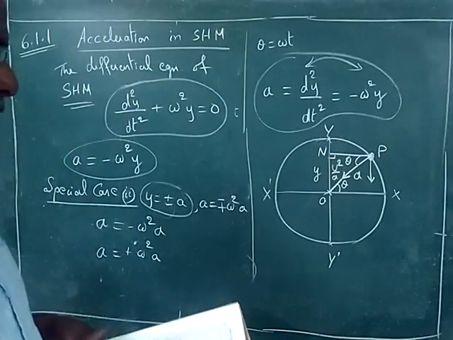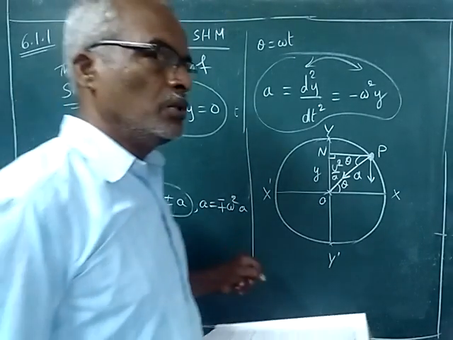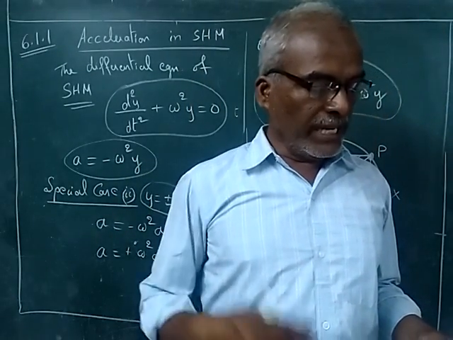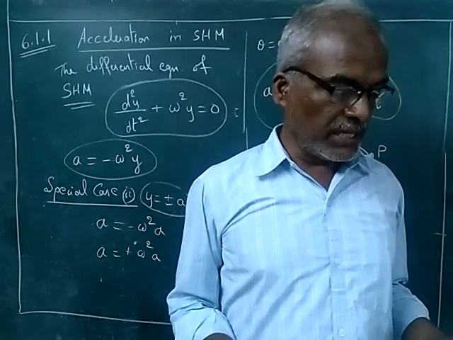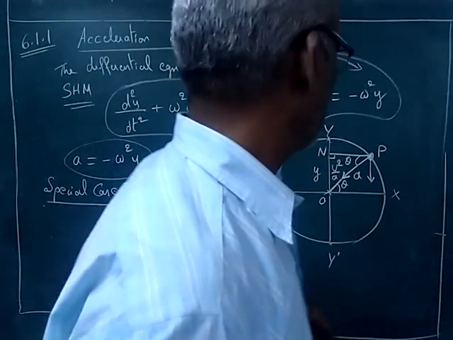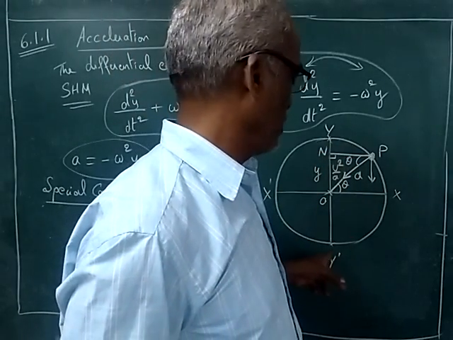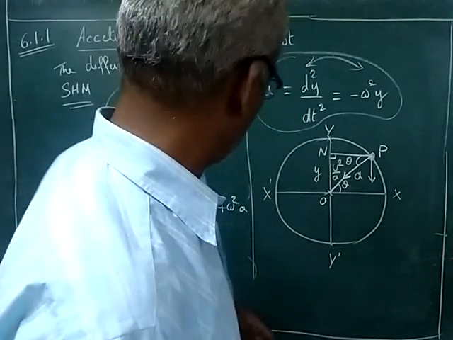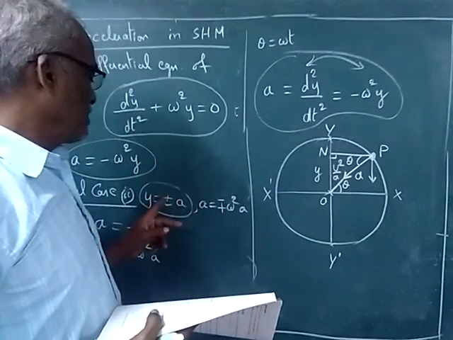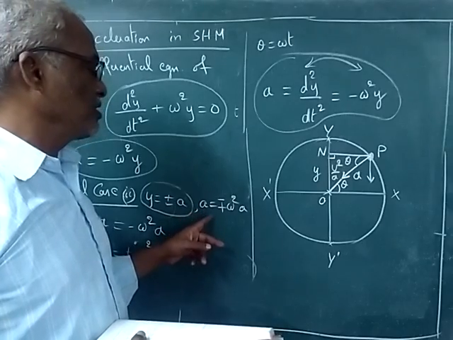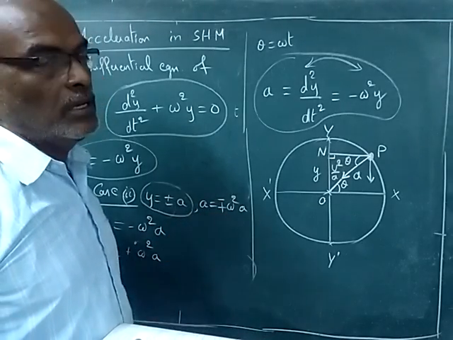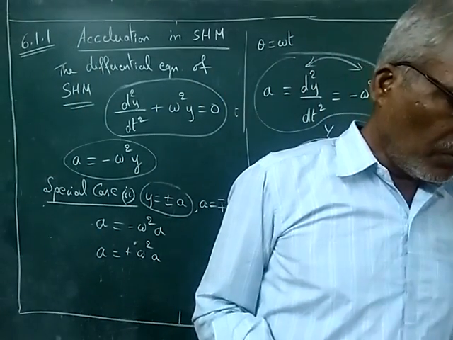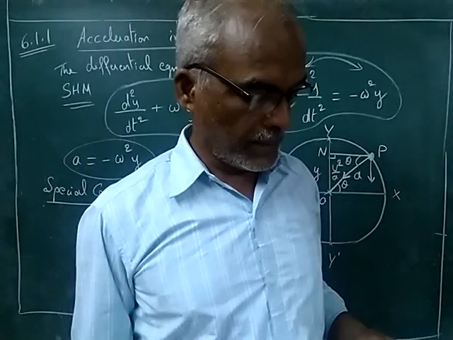That's what we have seen in case 1. At extreme position y is equal to plus or minus a, the velocity is 0. In the previous case we have seen velocity at this point is 0. Here also it is 0. Whereas the acceleration when y is equal to plus or minus a is minus or plus omega square a, acting in the opposite direction.